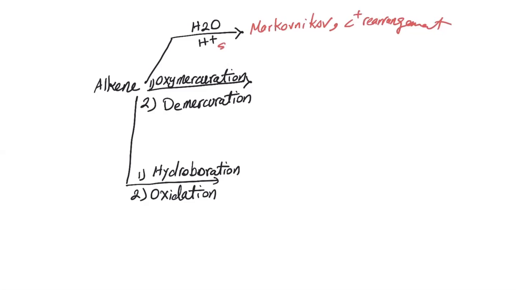And we say it's syn and anti addition. Syn addition means hydrogen and OH will add to the same side of the double bond. Anti-addition means that hydrogen and OH will add to opposite sides of the double bond. And since there is a carbocation, both are possible. Any questions so far?